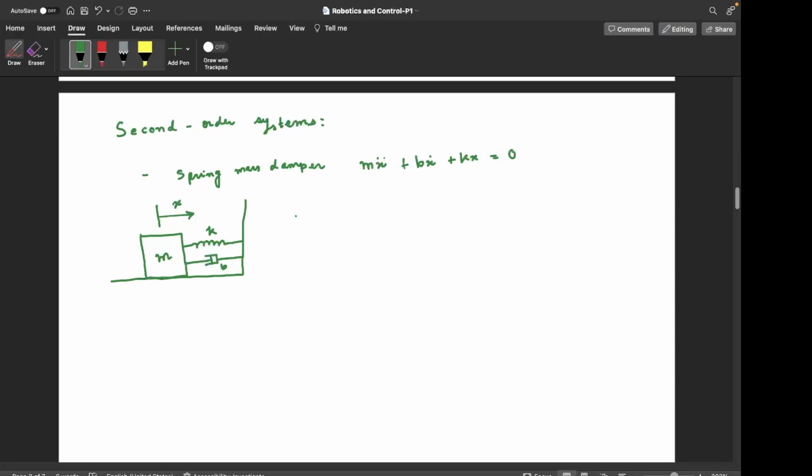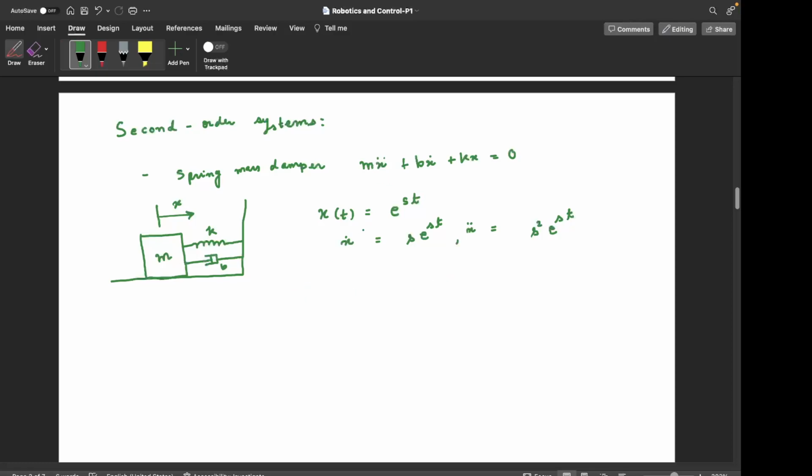So basically we assume that x(t) is of the type e to the power st. So x dot will be s e to the power st, and x double dot, if you differentiate it once more, would be s square e to the power st, right?